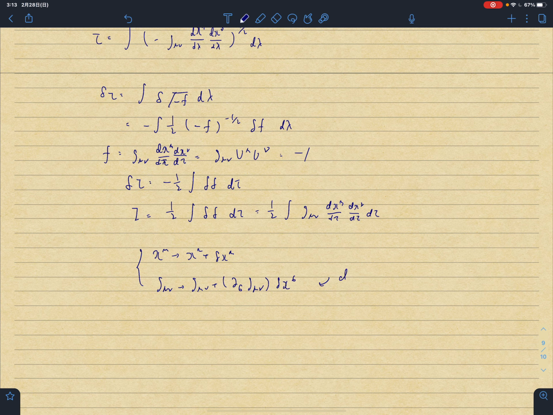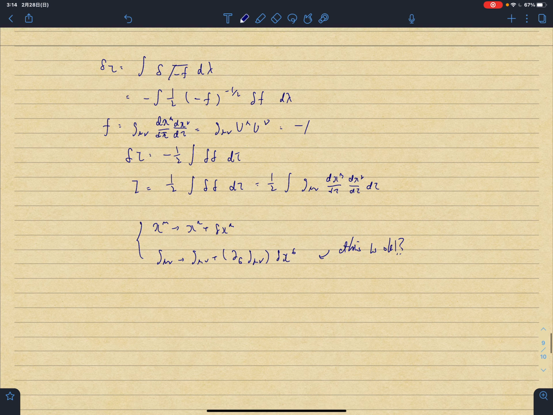This is okay. You can check it later on. The second line comes from Taylor expansion, which, as you can see, uses a particular coordinate convention. This is because we are simply changing the component as a function in some coordinate space.